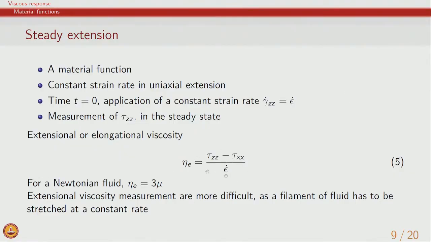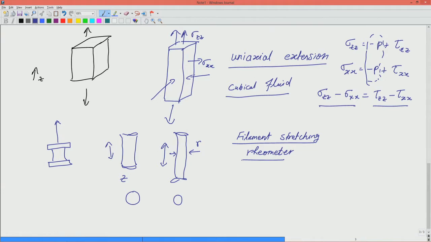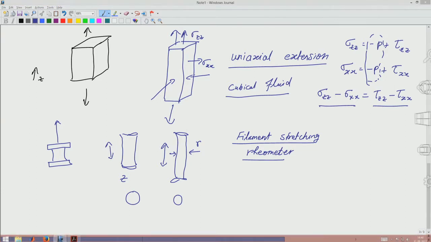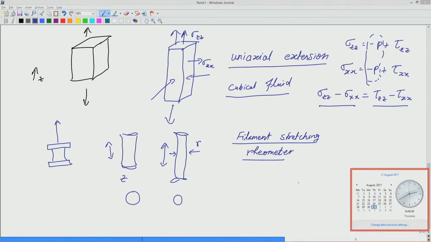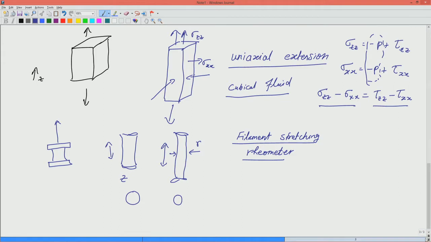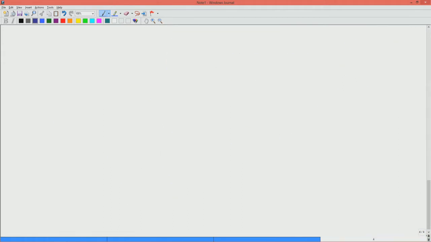And it can be shown that if you look at the overall velocity profile, if you recall in such an extensional flow, we had written earlier that the strain rate is given by minus epsilon dot, 0, 0, 0, minus half epsilon dot, 0, 0, 0, epsilon dot.